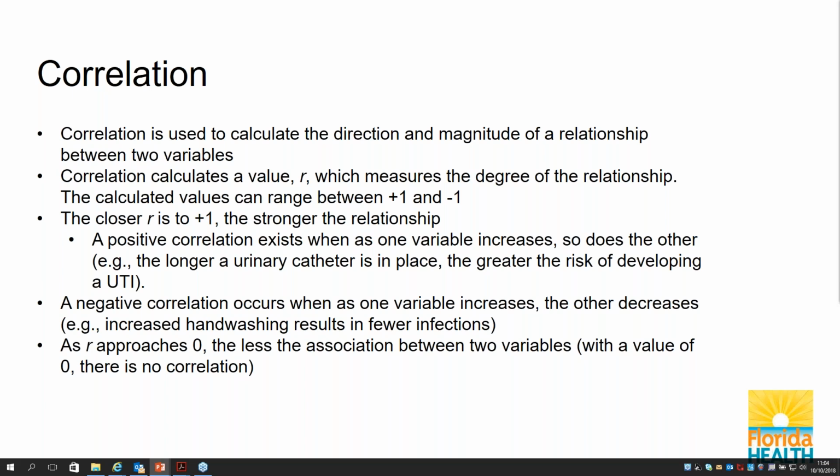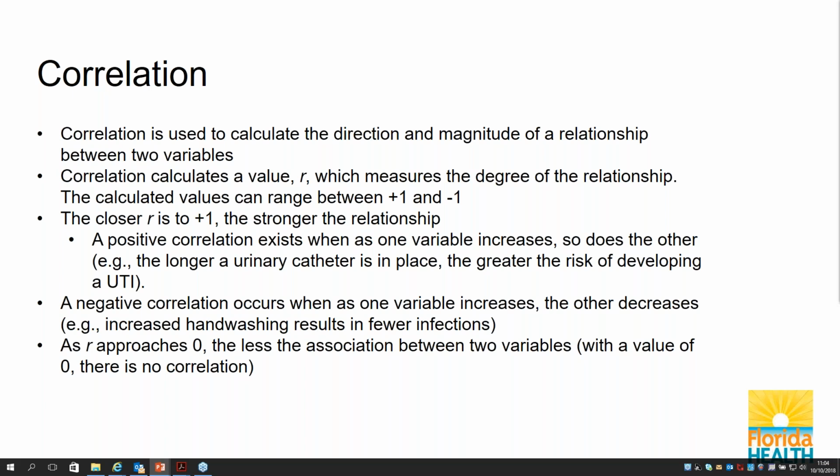A positive correlation exists when one variable increases, so does the other. So our example would be, the longer a urinary catheter is in place, the greater the risk of developing a UTI. So that would have a correlation closer, right, to 1, because it has a stronger relationship.